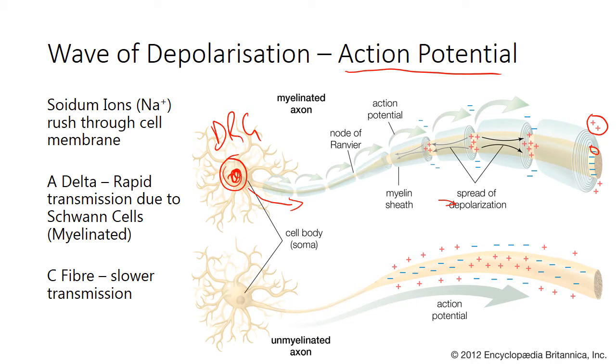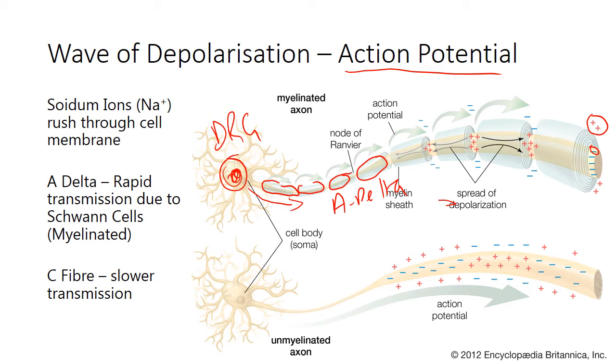We have our A delta fiber here, which is covered in this myelin sheath, which is actually produced by this series of what we call Schwann cells that wrap around the nerve fiber, and they cover it in this fatty myelin, which nourishes and insulates the cell, much like the plastic insulation that we have around electrical wiring.